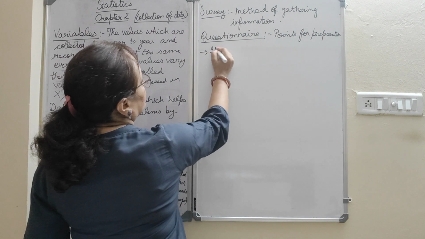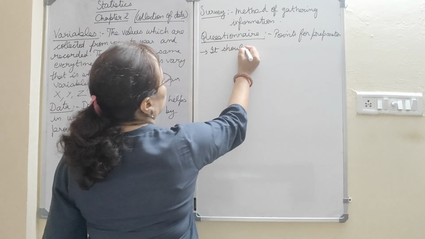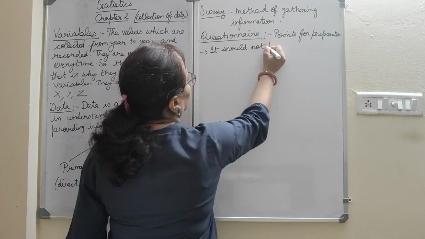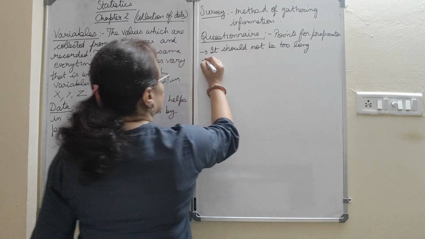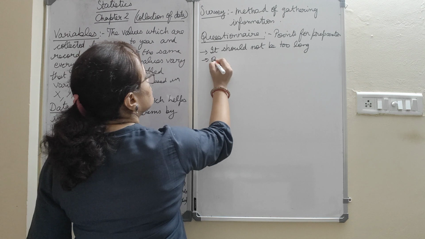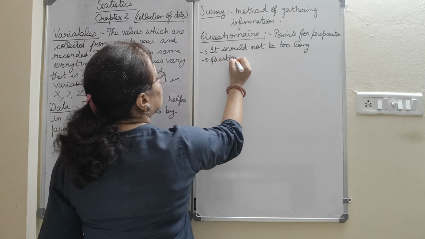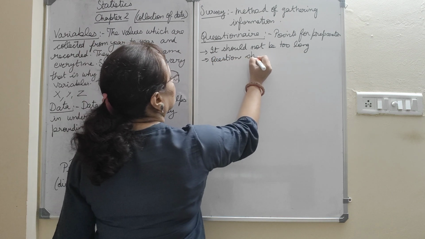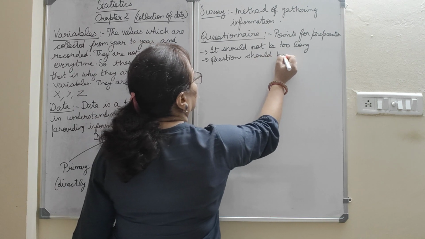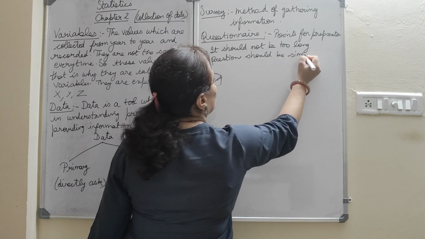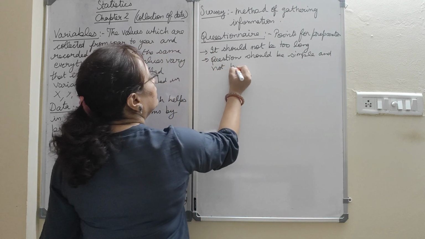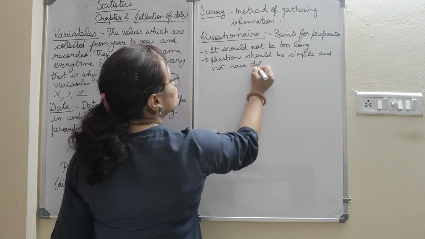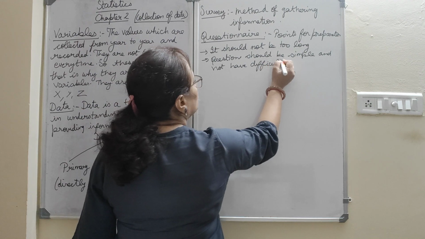Now while preparing the questionnaire, what points you have to keep in mind? First is it should not be too long. Second is the questions should be simple, and they should not have difficult words, right? Those words you should not use which are reflecting your vocabulary.